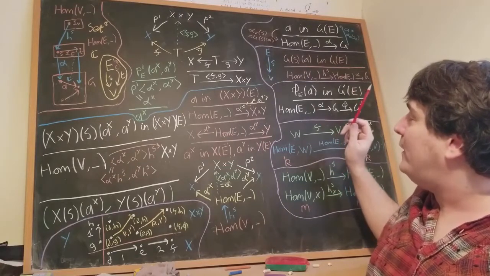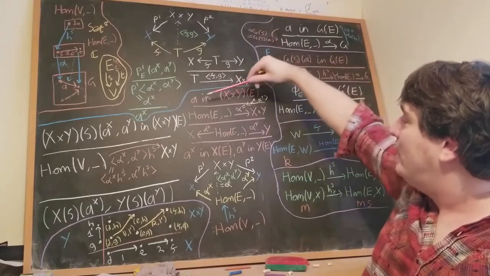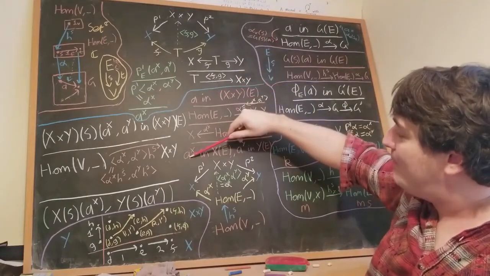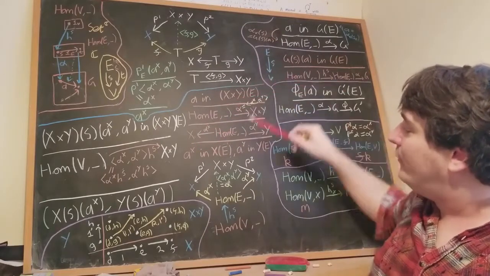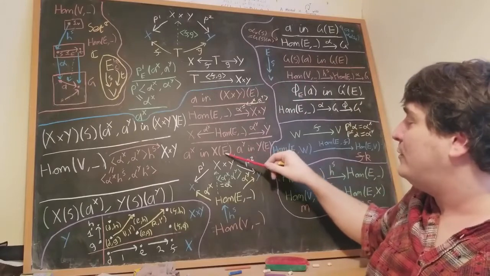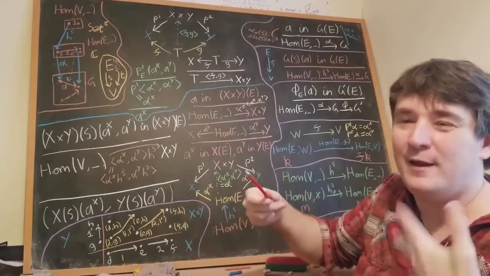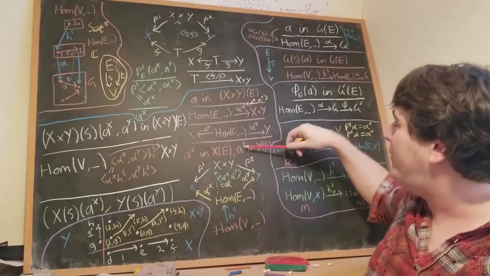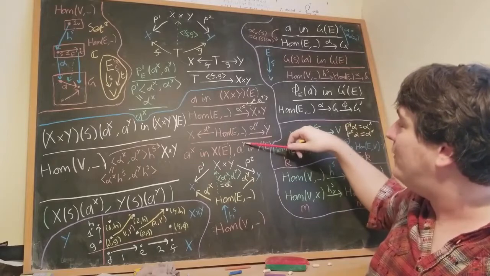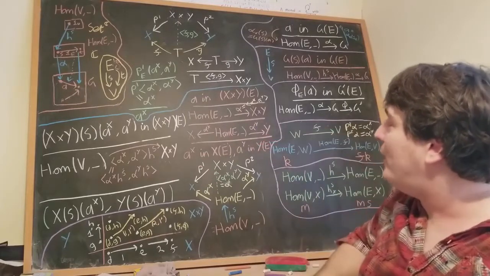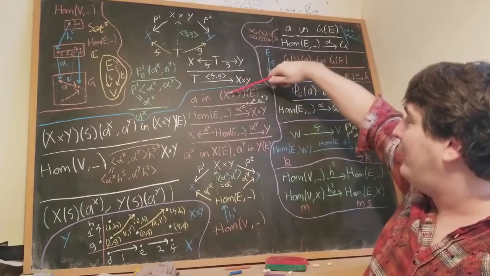So basically we see that this element a of X times Y just corresponds to a pair: one element from X(E), which we call a^X, and, again, the "to the power of" doesn't really mean anything, it's just a name, and the other being this element of Y(E), which we call a^Y.